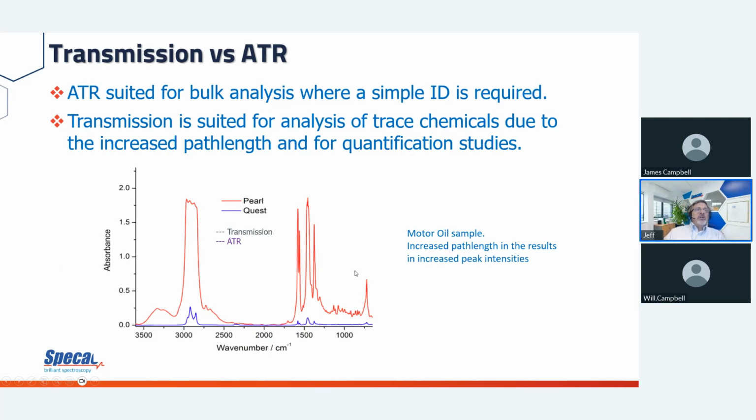Do I need just a bulk analysis? I can use the ATR and get my bulk analysis, as you saw, but if I need to get down in this fingerprint region and see these very tiny additives in the oil, that's what I would go for. It's all about the sample and what you're looking for.